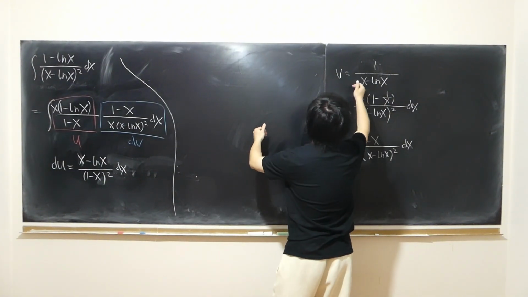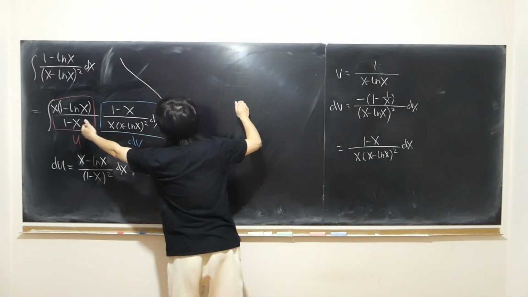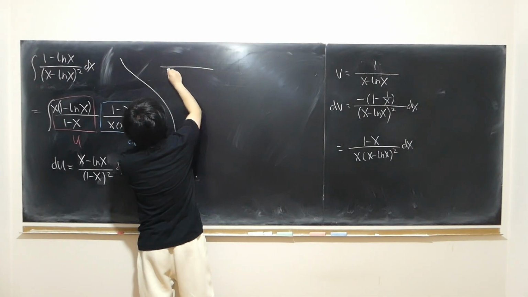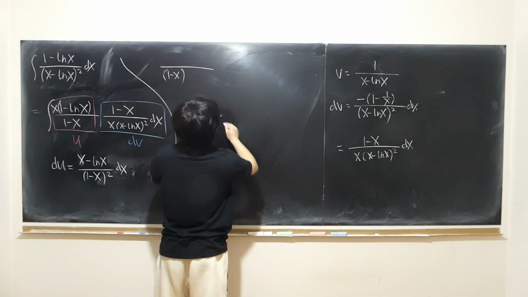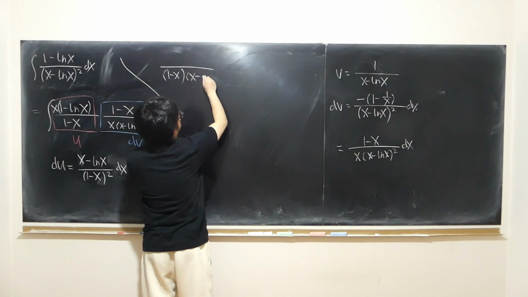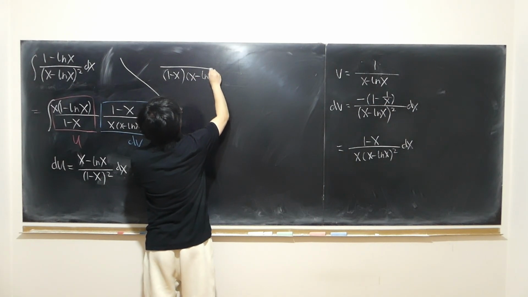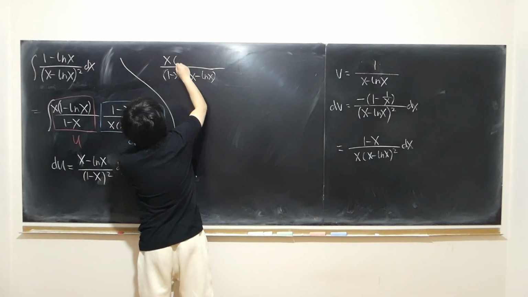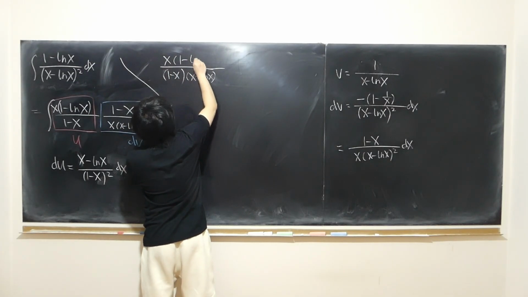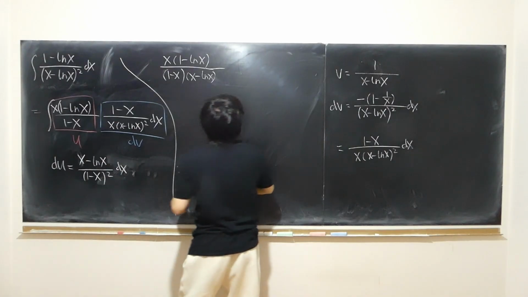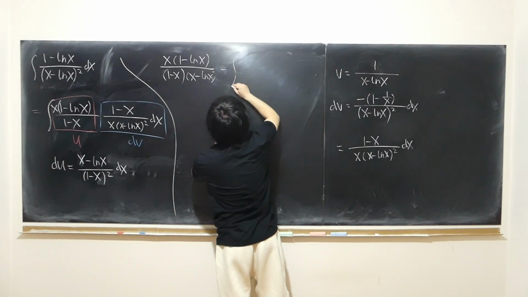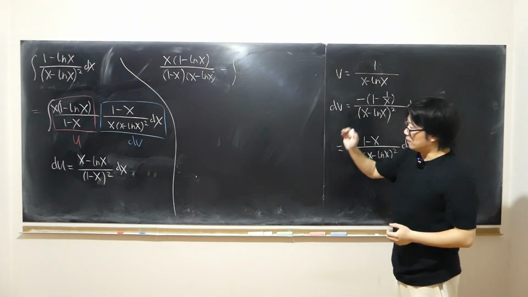First of all, u times v is 1 minus x minus log x, then I have x times 1 minus log x. That's u times v. Then I say minus integral v du.